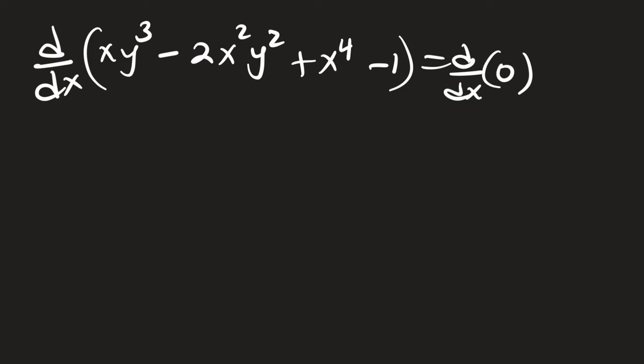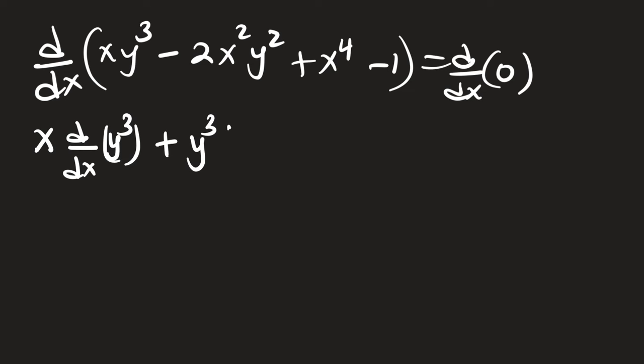The first term here is a product of x and y. So we keep x constant and take the derivative with respect to x of y cubed, then plus, keep y cubed constant and take the derivative with respect to x of x. So that's the product rule.